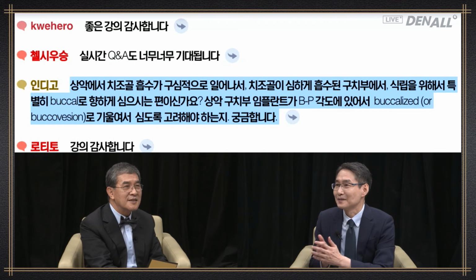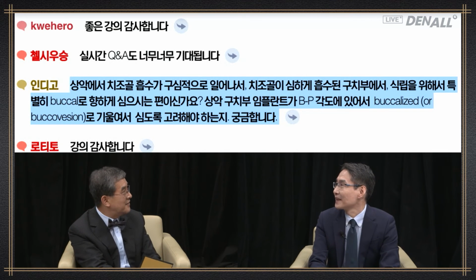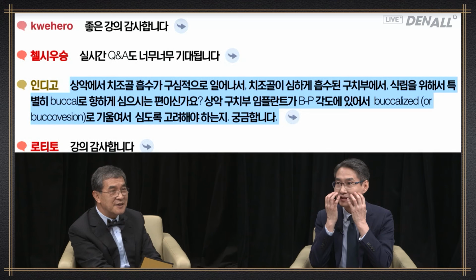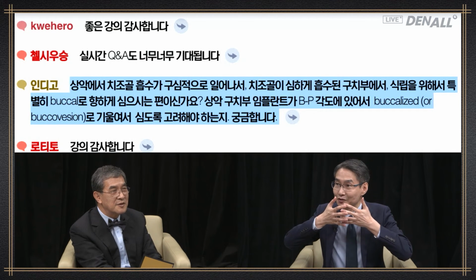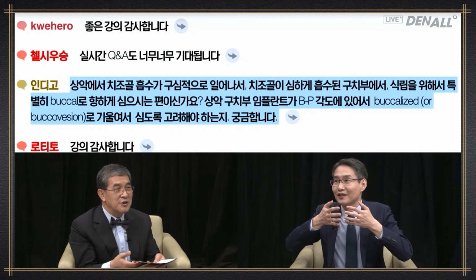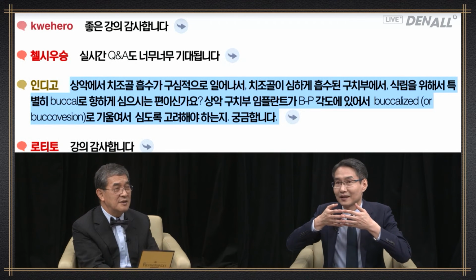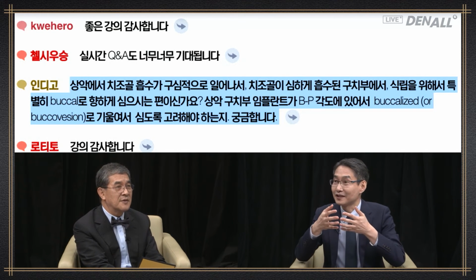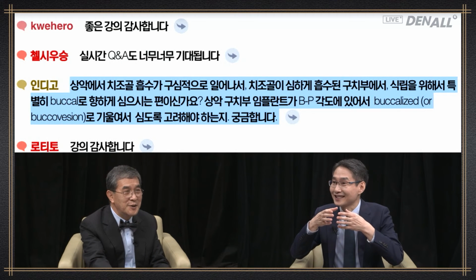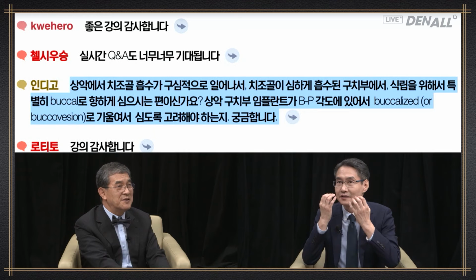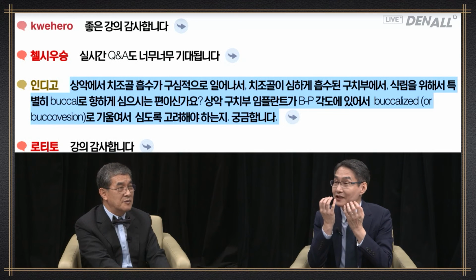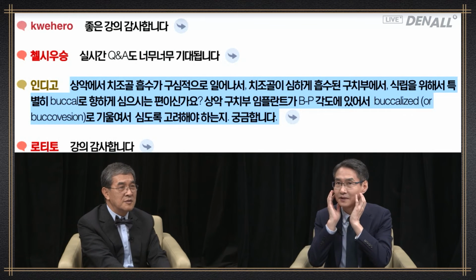I think this person has a lot of experience. If there is vertical and horizontal bone resorption, especially horizontal bone resorption, the size of the arch is reduced. If you take an impression, it's almost like that of a child. However, we cannot change the position of the tooth.